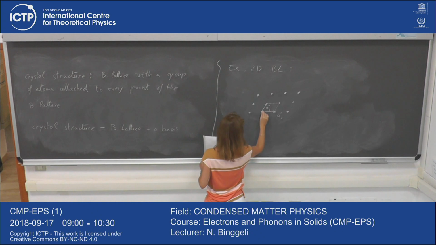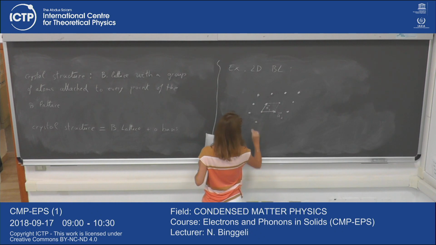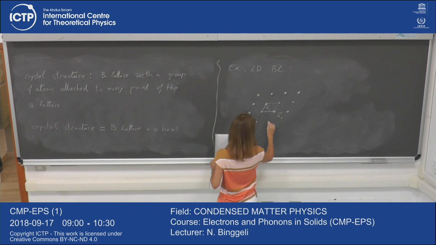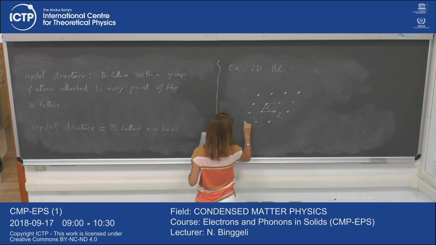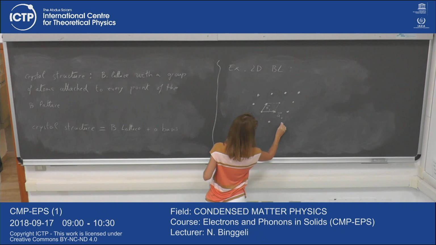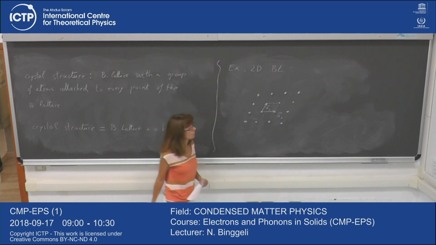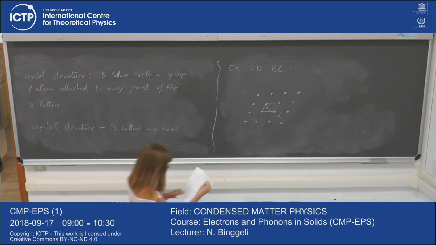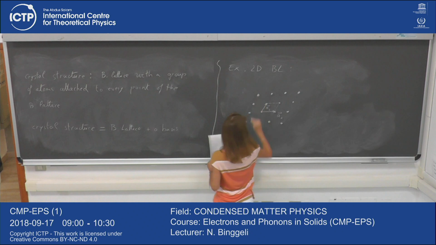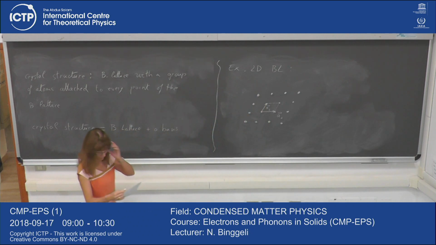And this is my Bravais lattice. So minus a2 plus a1, minus a2 minus a1, and so on. And I can continue over the full blackboard.